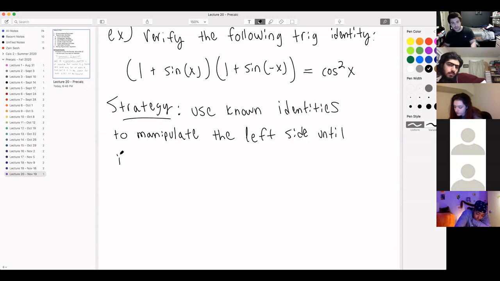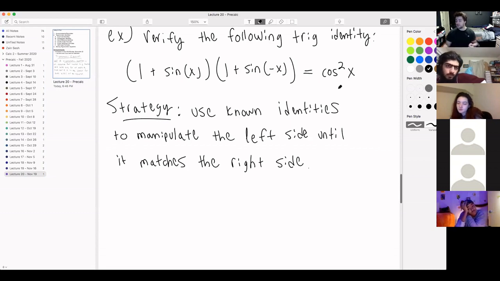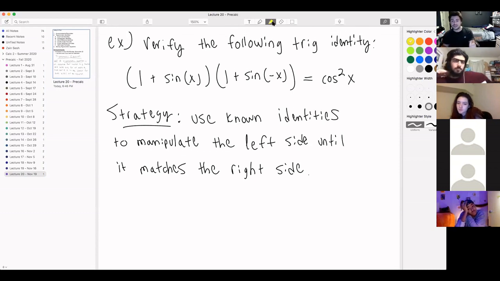That's what you do. Usually, this is a very good strategy, okay? So you start on this left side, you manipulate it, you use identities, and you transform it and prove that it's equal to the right side. All right, good. So let's actually do this together.